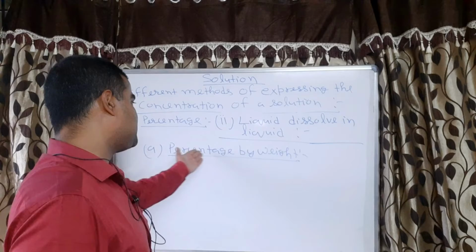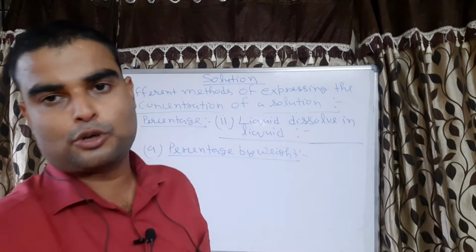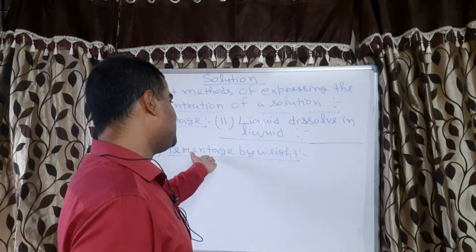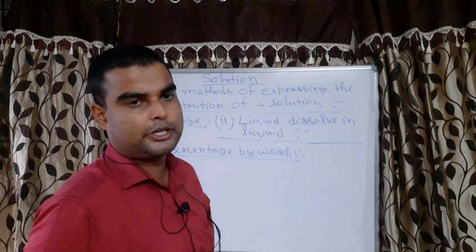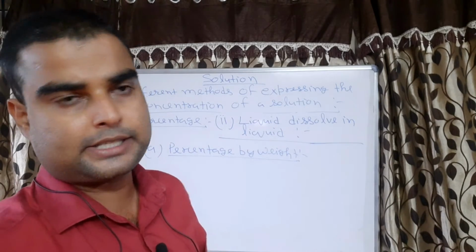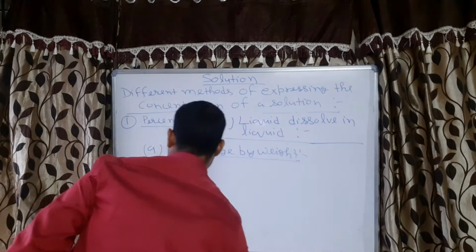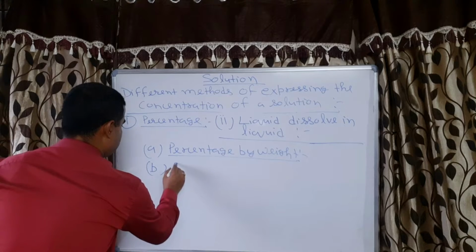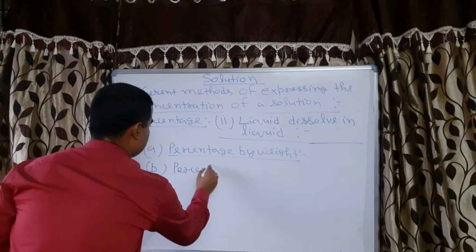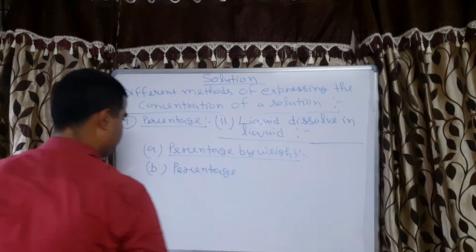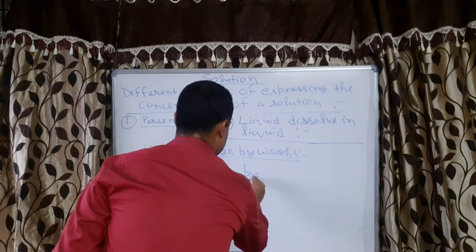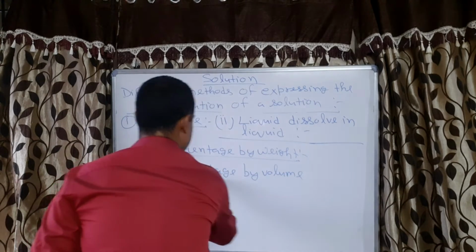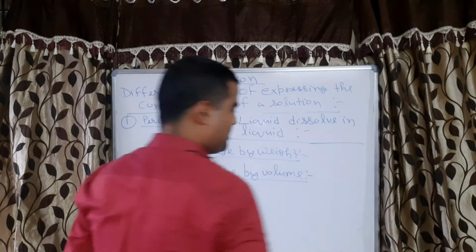What we have defined as percentage by weight in case of solid dissolves in liquid, the same definition applies here also, in liquid dissolves in liquid case. Now we will come to the second thing, percentage by volume. Now here you should remember one thing.